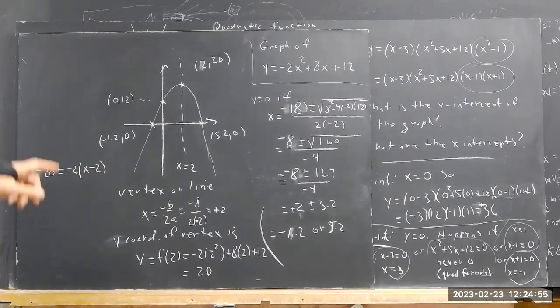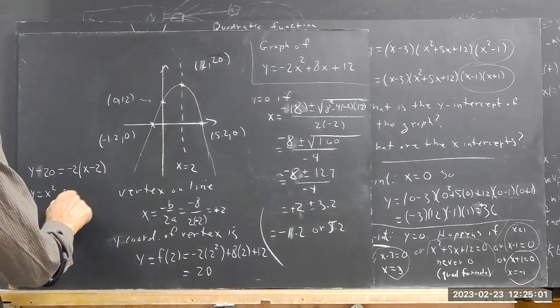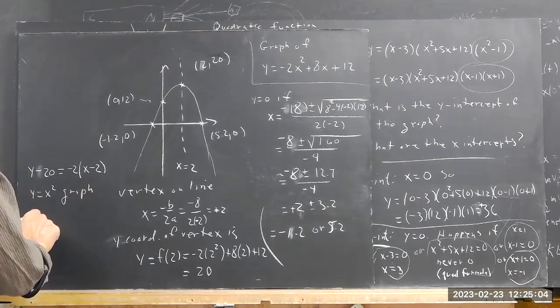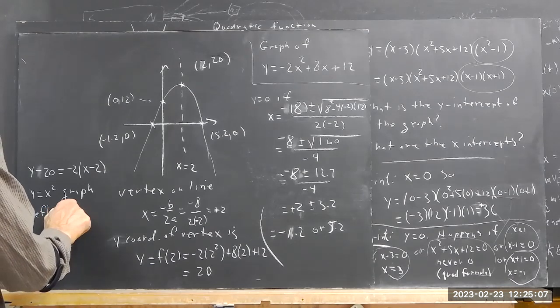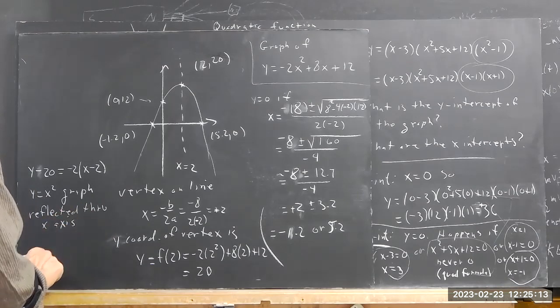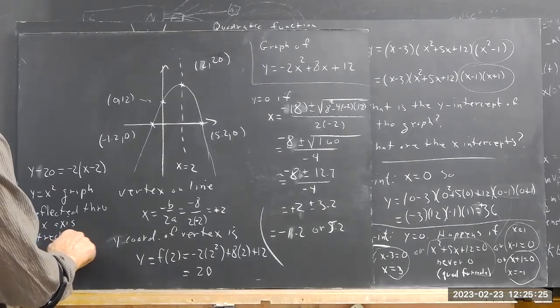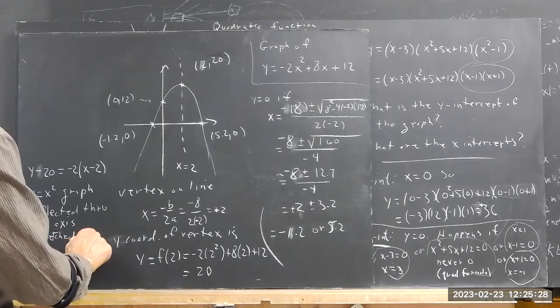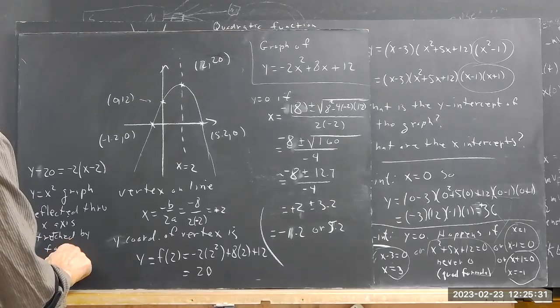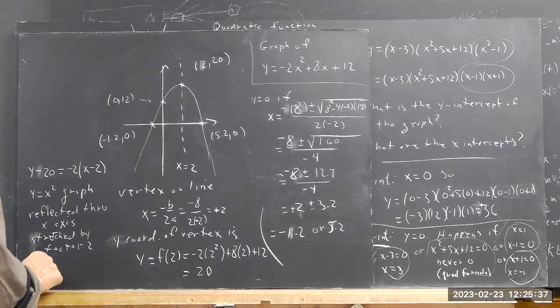In other words, this is the y equals x squared graph, reflected through the x-axis, and after being reflected because of the negative sign, it's stretched by a factor of 2.